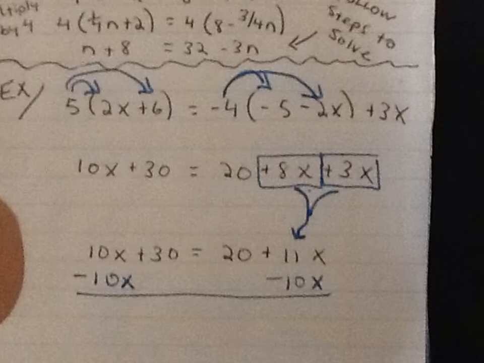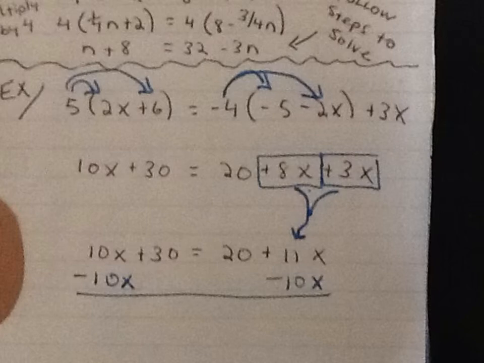So we did distributive property here, we combined like terms here, and now we're going to get the variables on one side of the equation. Notice here I have a 10x and I have an 11x. I want to get the x's on one side, and the way you do that is you add or subtract.